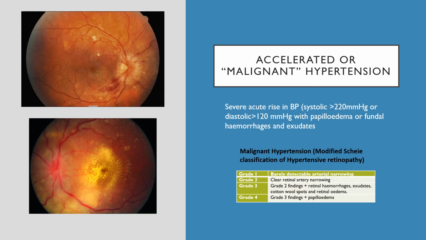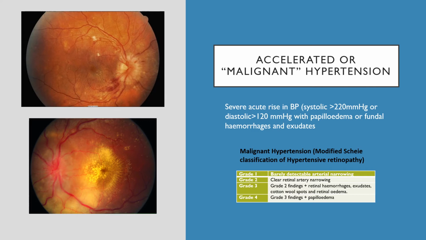There is a classification which we can mention whilst discussing malignant hypertension, i.e. a severe acute rise in blood pressure where the systolic is above 220 or the diastolic is above 120, with findings of papilledema or fundal hemorrhages and exudate.